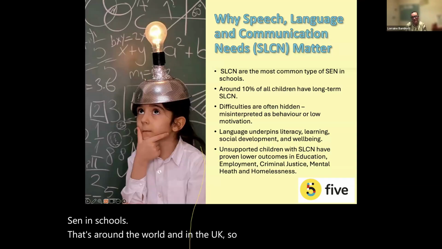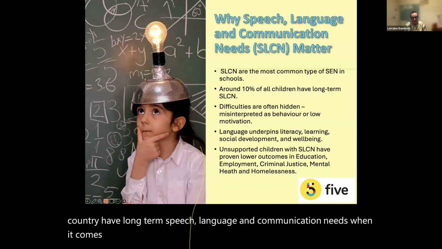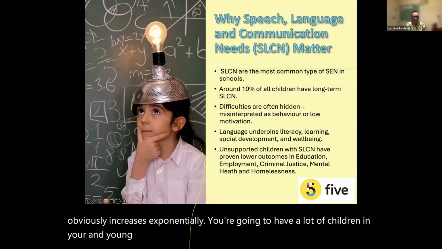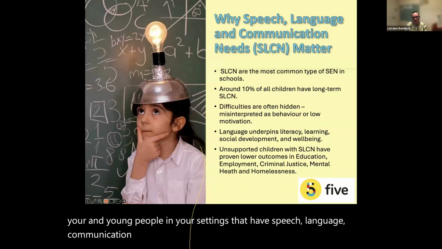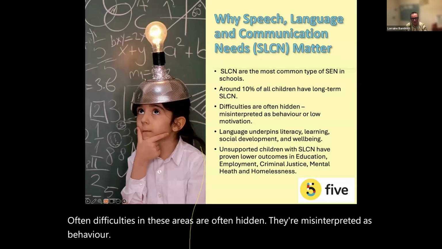Around 10% of all children in our country have long-term speech language and communication needs. When it comes to specialist and special settings, that number obviously increases exponentially. You're going to have a lot of children and young people in your settings that have speech language communication needs. Often, difficulties in these areas are hidden, and they're misinterpreted as behaviour or low motivation.